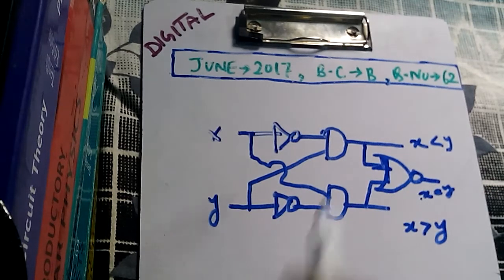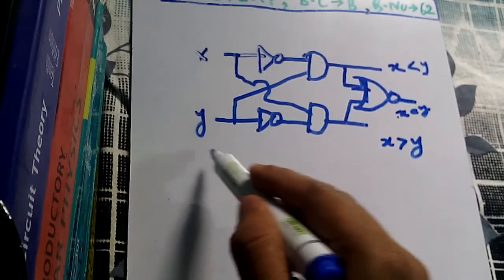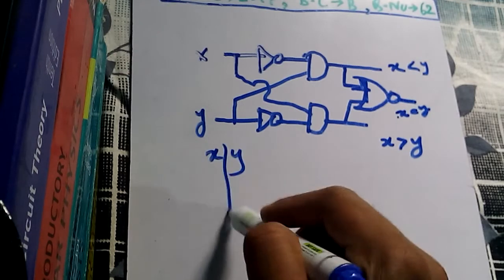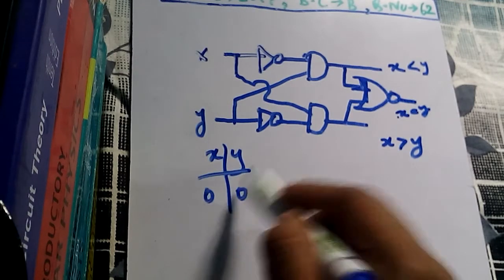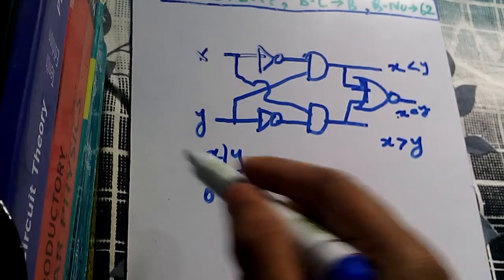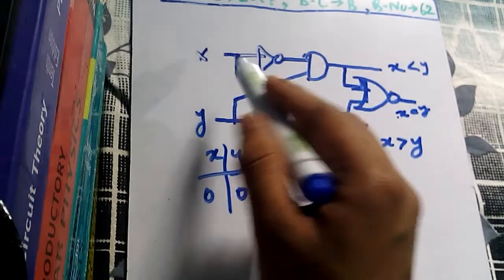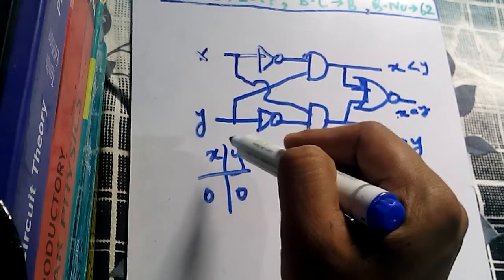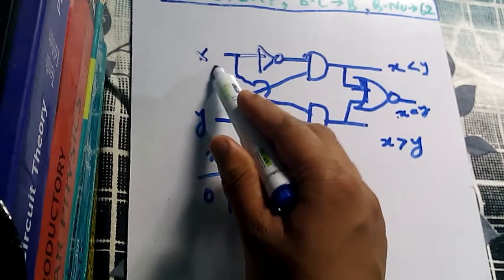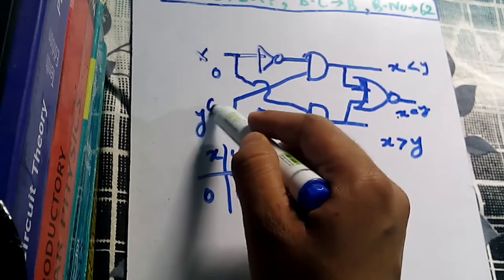Now let us check this also for the input combinations. Let's draw these combinations. The first combination is 0 0, that you can see. The 0 goes from here, and y also goes 0, so 0 goes inside.